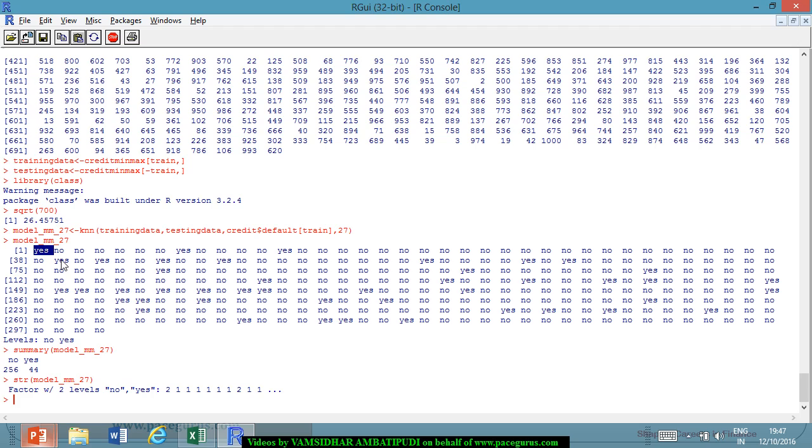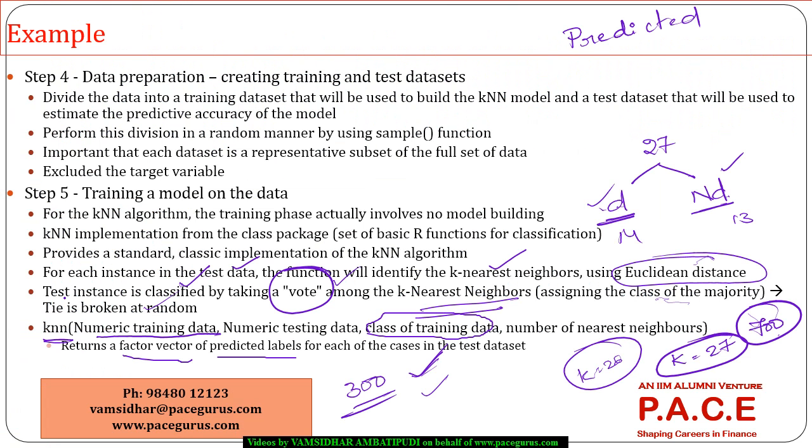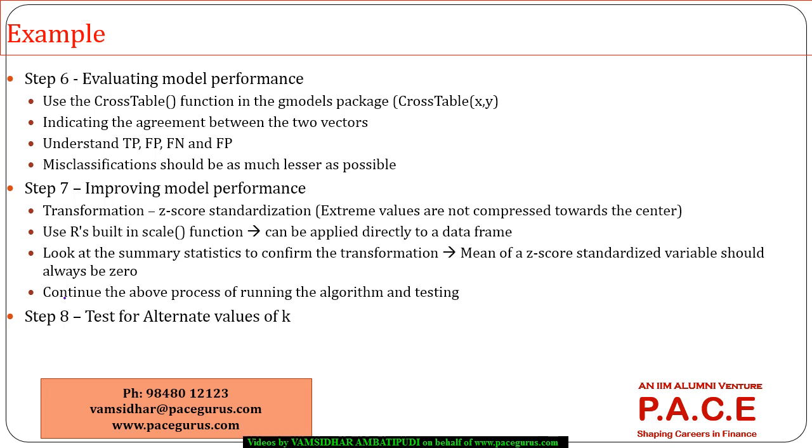Based on these 27, how many of them have a class of default and how many have a class of no default? Based on the majority, the first record is assigned a value of yes. That's it. No other thing is stored as part of this model. We have to be very clear on the process by which the KNN algorithm is executed.